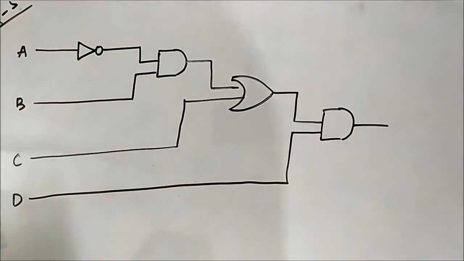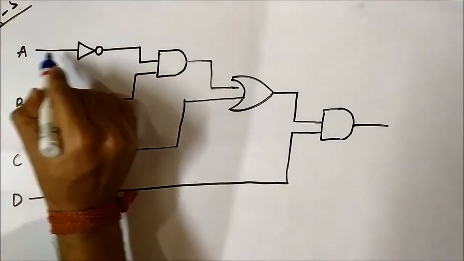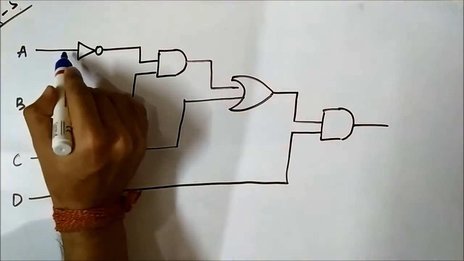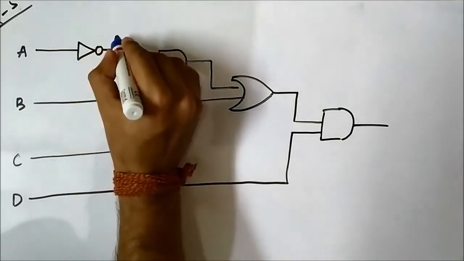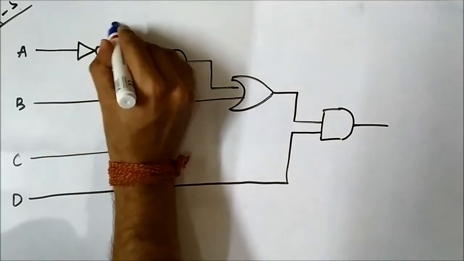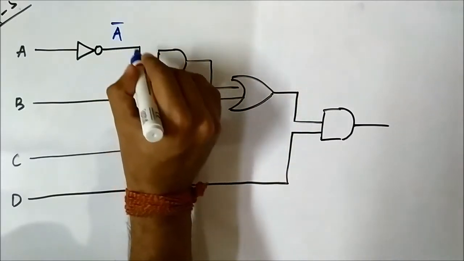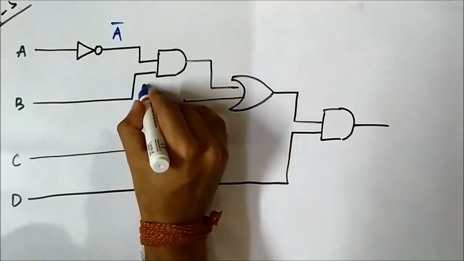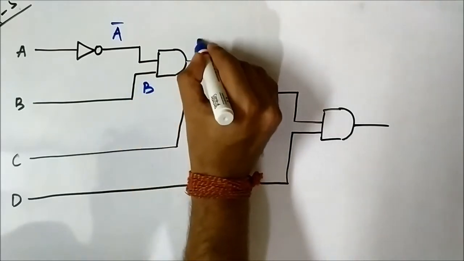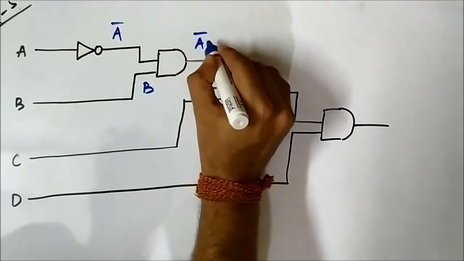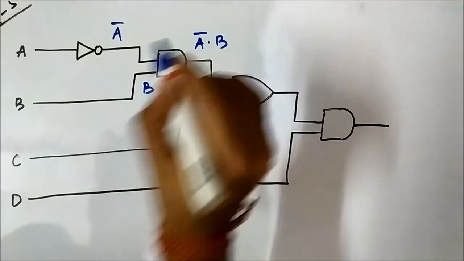In the first level, the signal A is given to this NOT gate or inverter, so it will be A complement. Now at the second level, to this AND gate, the two inputs are A complement and B, so the output will be A complement and B.